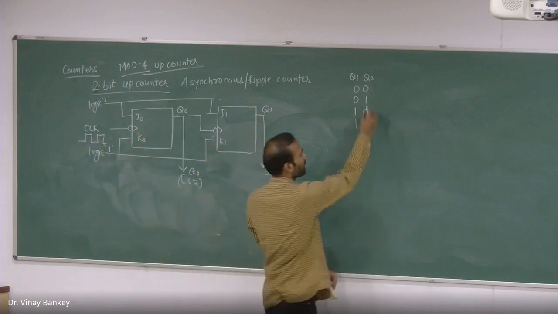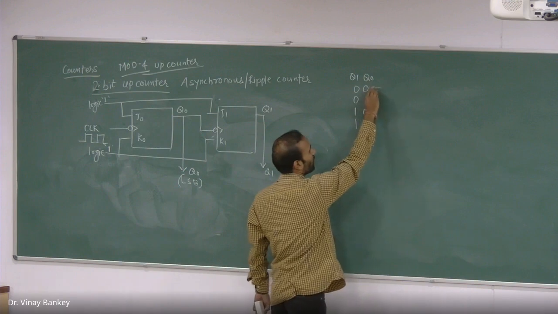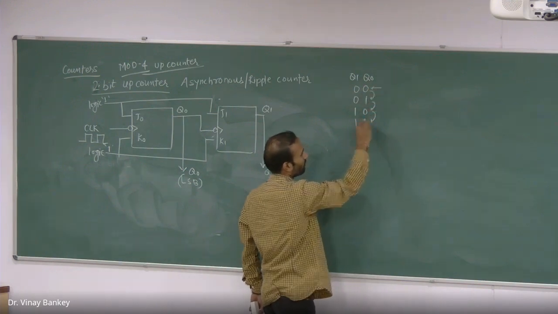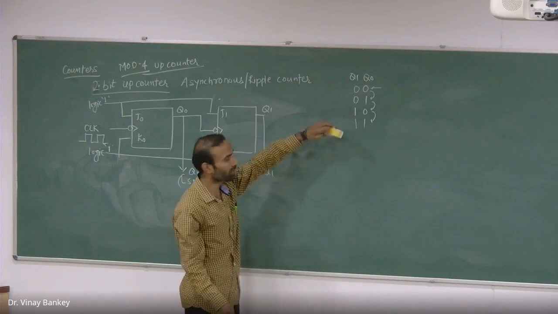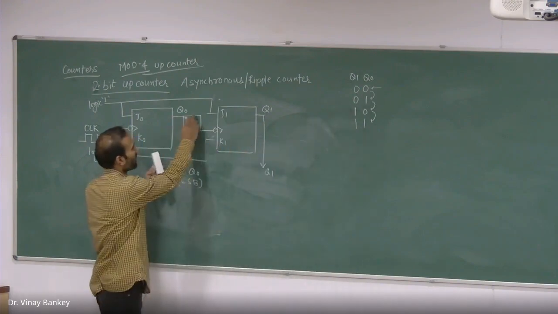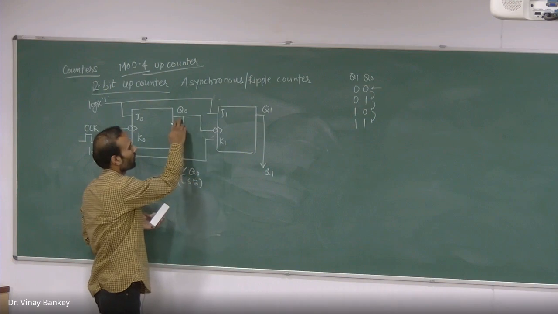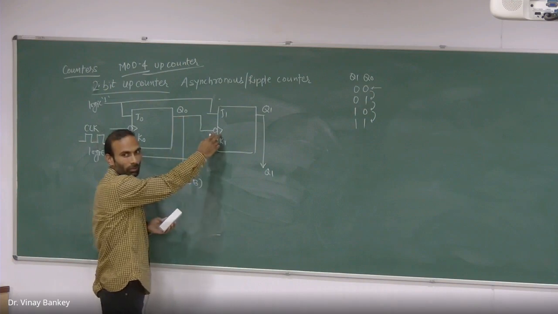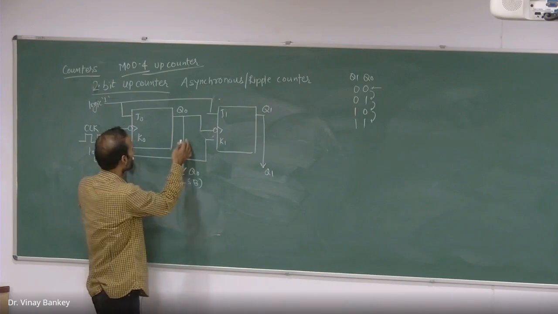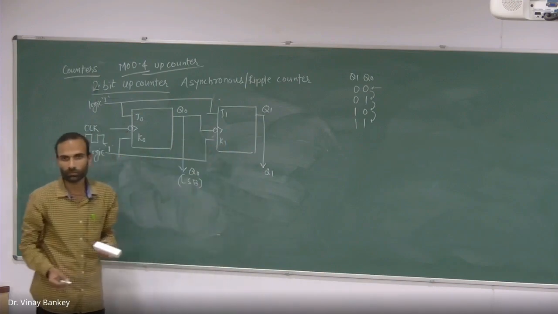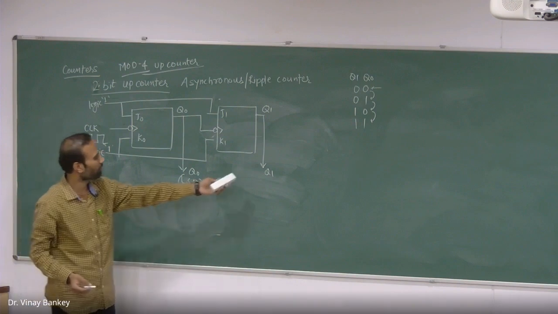However, the second one, the MSB bit, will change after a time. It is connected in this manner: the output of the first one is connected to the clock pulse of the second one, so it will take some time, and the time will be 2 clock pulses. That is why this one will be MSB.